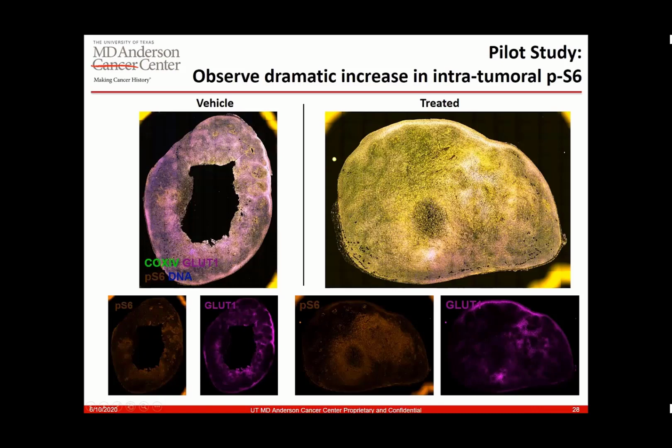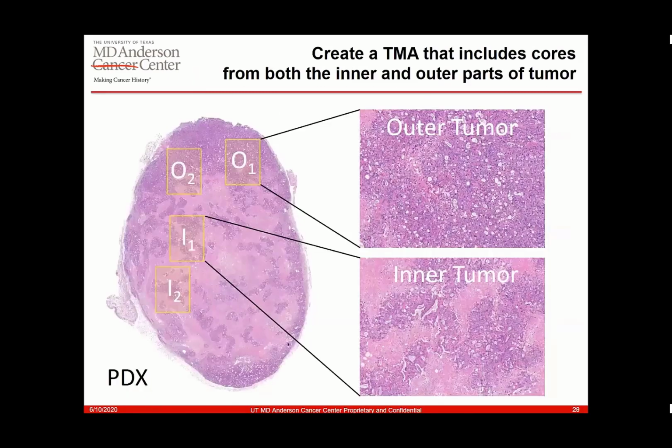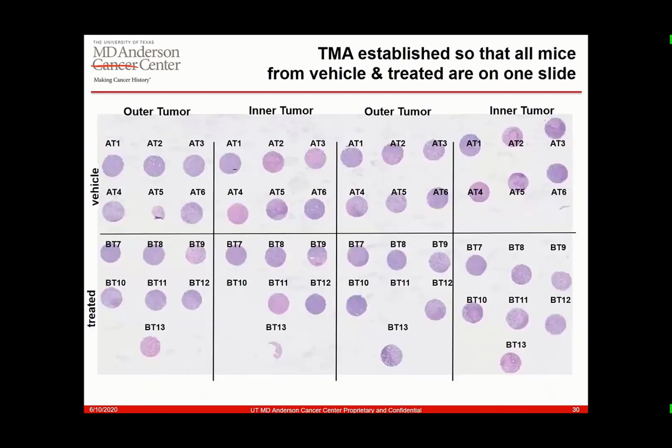So I guess what I wanted to see was, this is just a pilot. I didn't look at all the different samples, but if we were to create a tissue microarray that includes cores from the inner and the outer parts of the tumor, and we took 4 cores from each sample, each block, and essentially created a tissue microarray, and when I say created, I mean I created this myself.